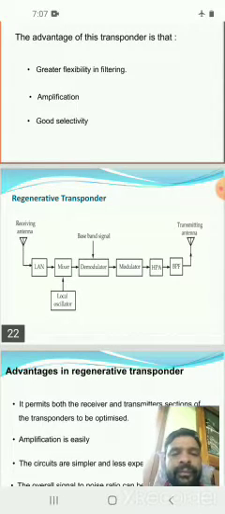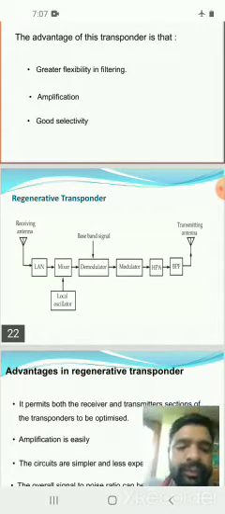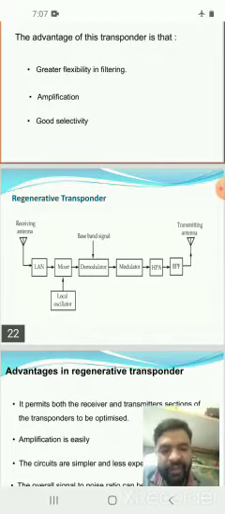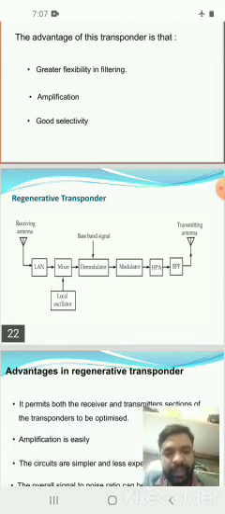Here the modulator and demodulator sections are used so that the received signal is converted into message signals, and the message signal is converted into high frequency modulated signals that are transmitted to the earth station.